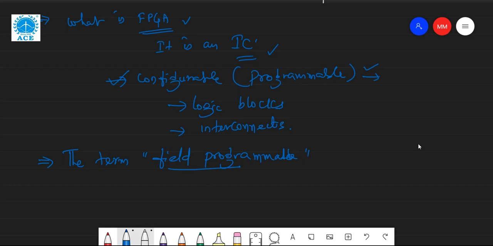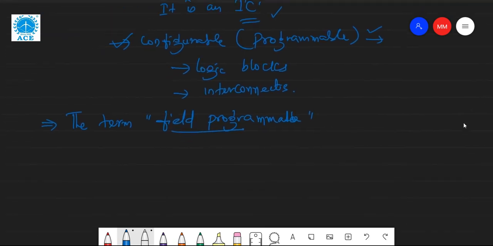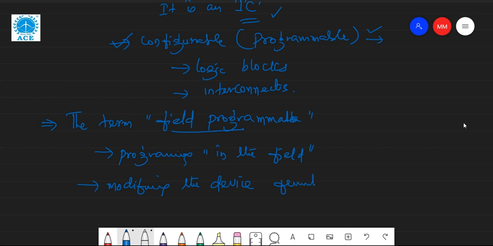Programming in the field, a particular field. Whatever programming we are doing with various high level languages, in the field means modifying the device function, whatever functions we are modifying, writing new programs within the lab itself.